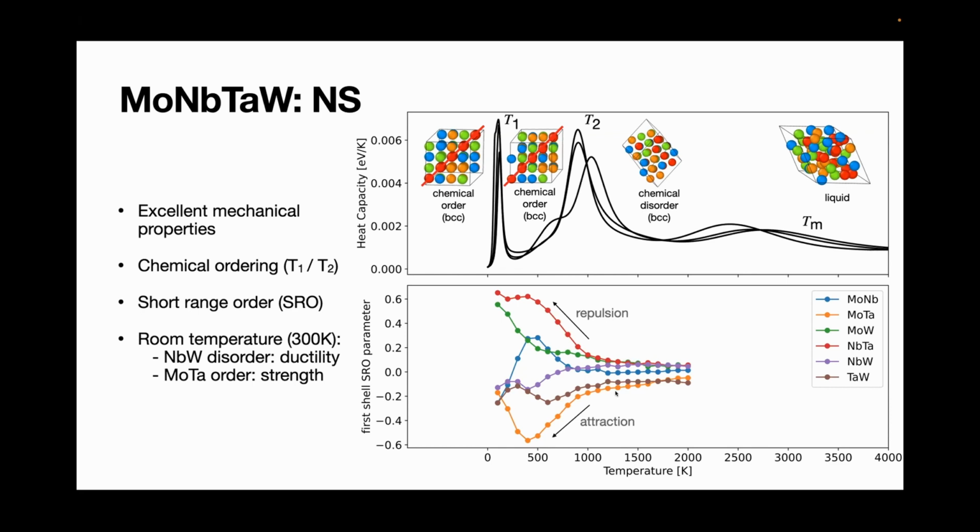And you can look at first short range order parameters, which indicate whether there's repulsion or attraction between different atoms in the BCC lattice, either segregating or really attracting atoms inside the BCC lattice. We can model this, and we can see this here on the left at the top.